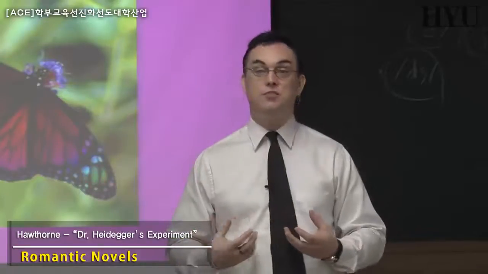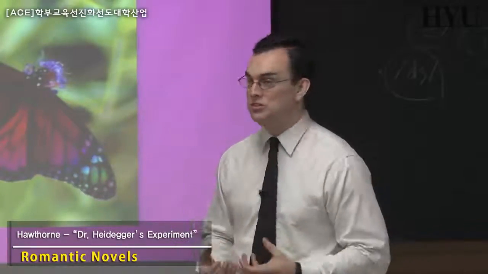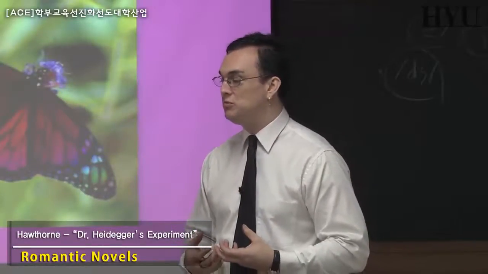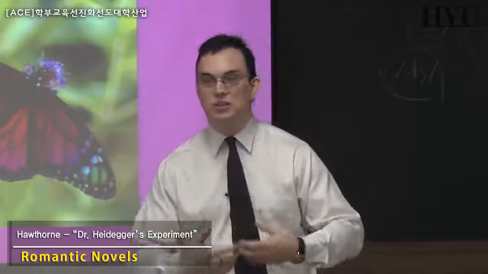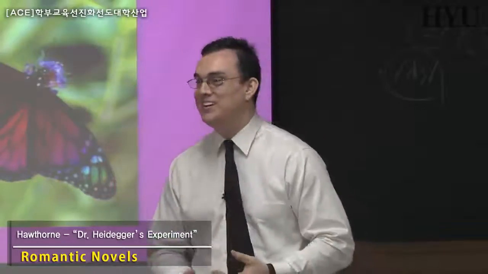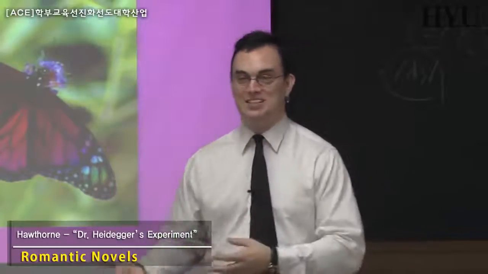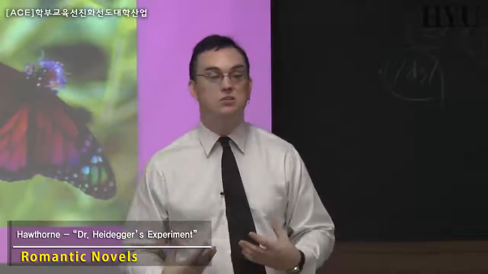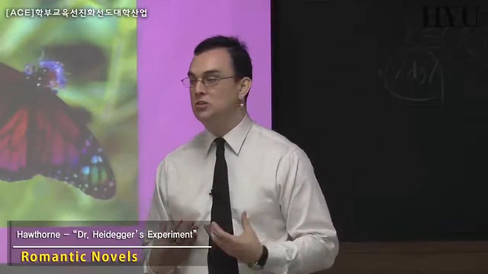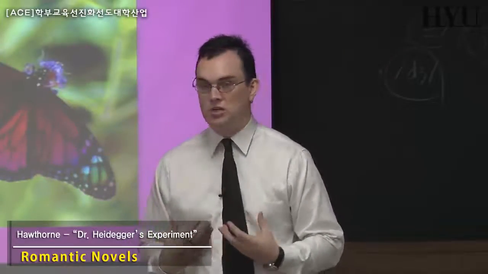He says, very often people don't seem to learn. Very often people seem to go through their lives and make the same mistakes over and over until they get too old to make them anymore, and then they die. Whereas there are, nonetheless, certain people like Dr. Heidegger who do learn from their experiences.